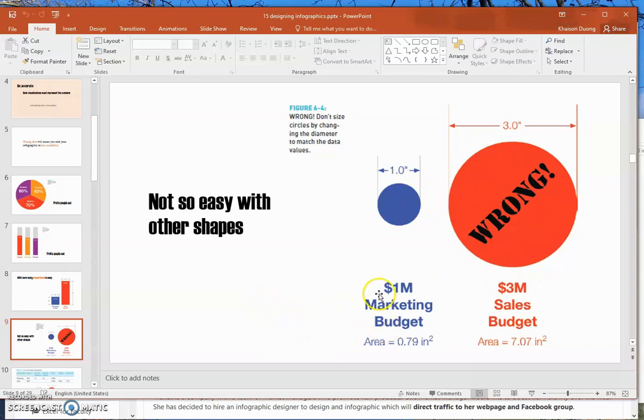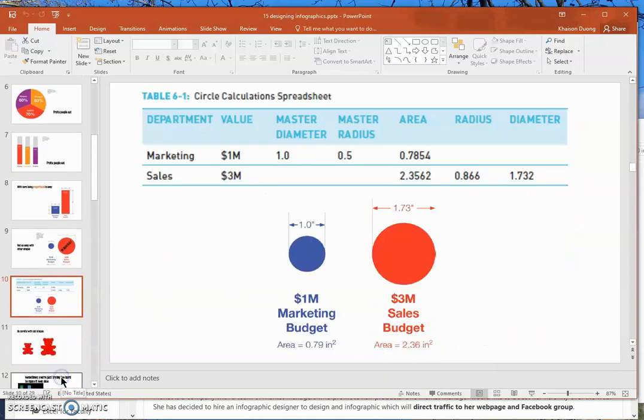So remember area. If you need to calculate area, I think there was a resource on Moodle that I uploaded that helps you do that. It's a bit of math, and like I said, if you're not good at math or you're just lazy to do it, just grab that thing off Moodle that I've uploaded.